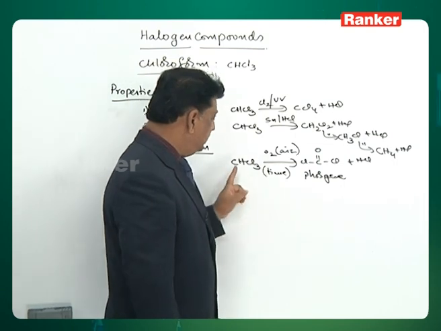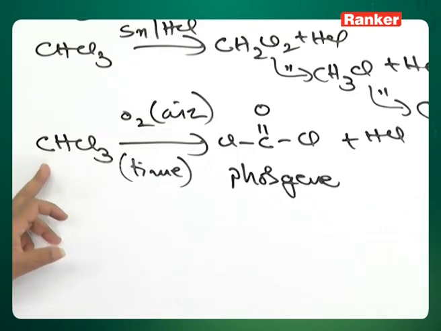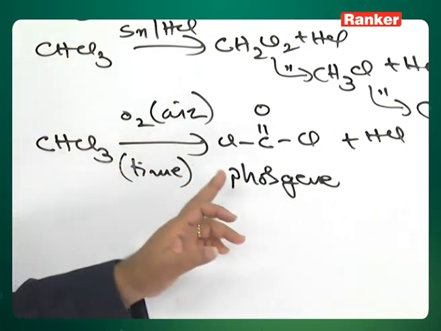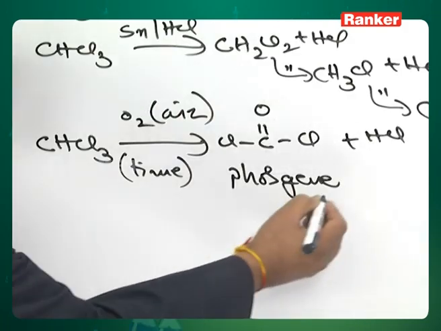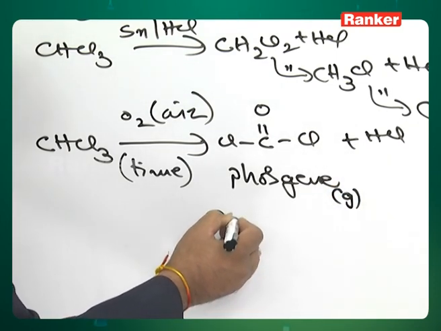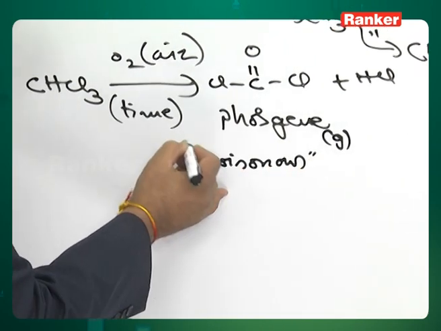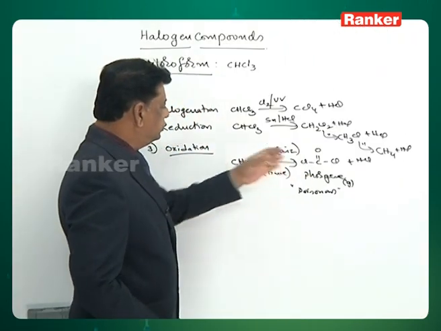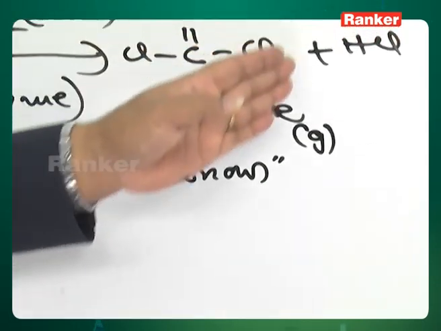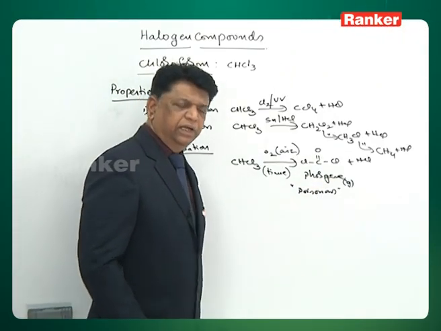But unfortunately, if this chloroform is kept for a longer time, some part of the chloroform is converted to phosgene. It is a gaseous compound and it is poisonous also. As it is a gaseous one, it is an organic compound, a covalent compound, and all the gases are inevitably covalent.